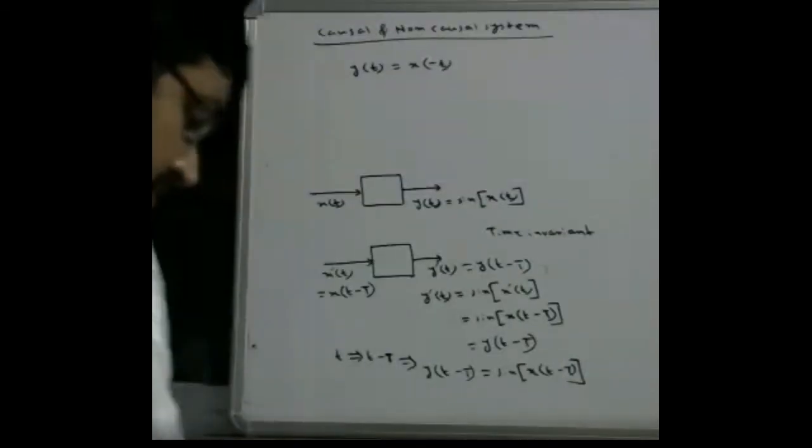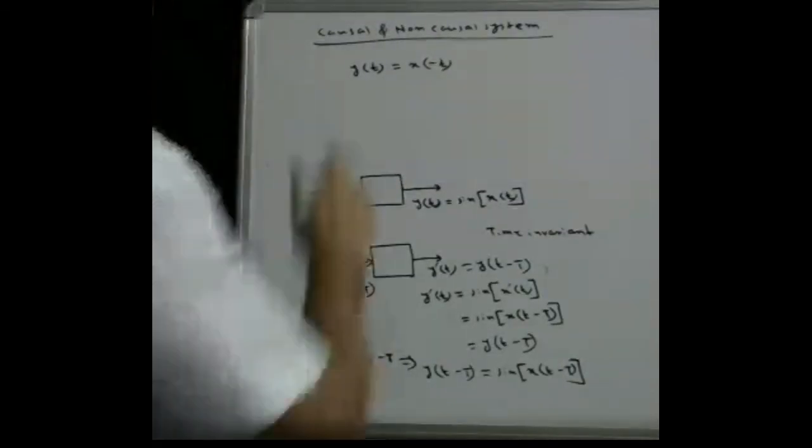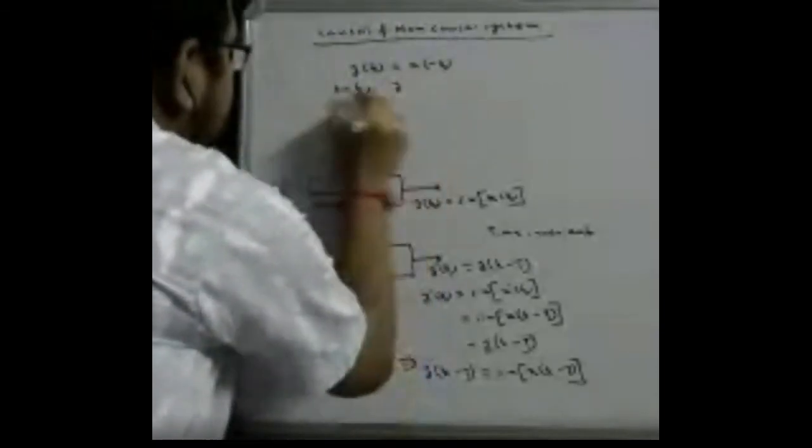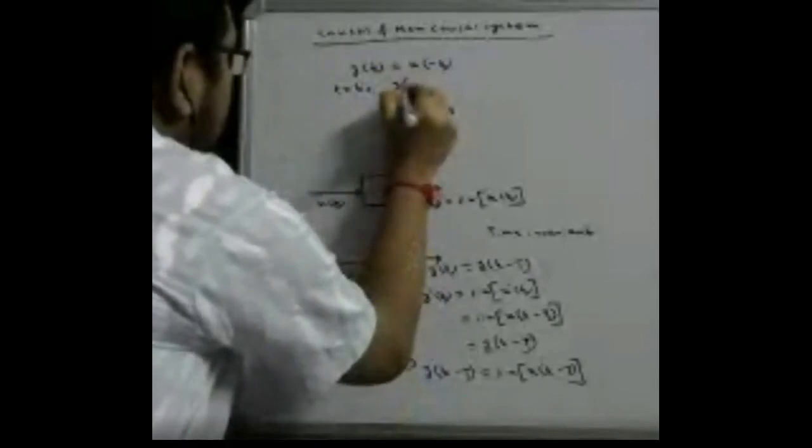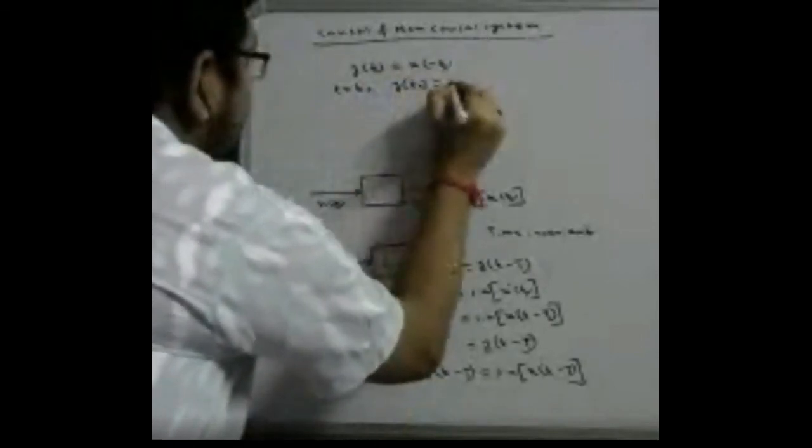Suppose we take the time instant t equal to t naught. Then we find the expression of y(t). At t equal to t naught, y(t naught) will be equal to x(−t naught), as per the equation.